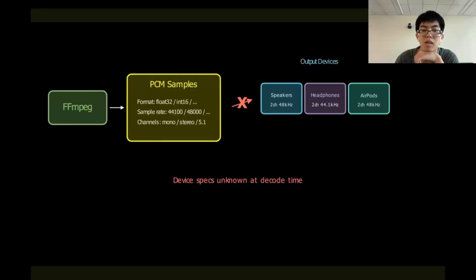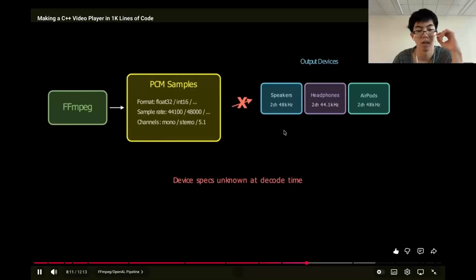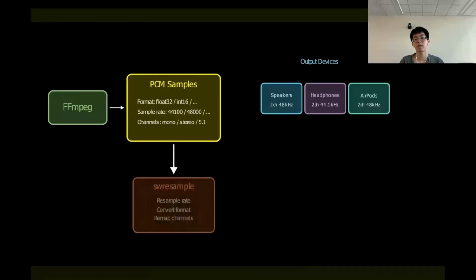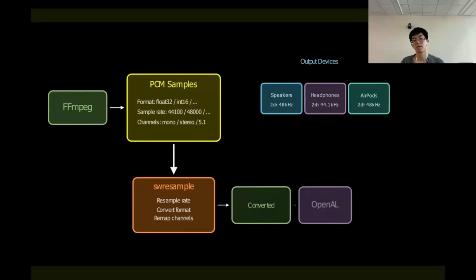And because of that, we won't necessarily have the specification of the audio device we are playing it on, because they have their own format, sample rate, and channel too. To fix that, we have to resample our audio and convert it to our desired format using SW Resample. And after that, we're able to feed our samples into OpenAL and play audio alongside our video.